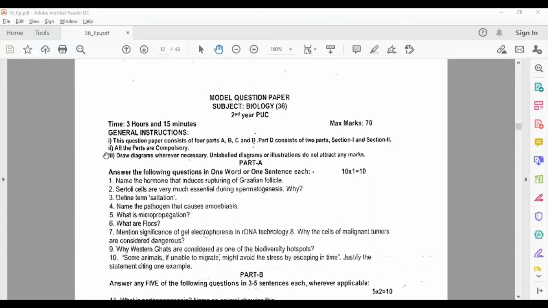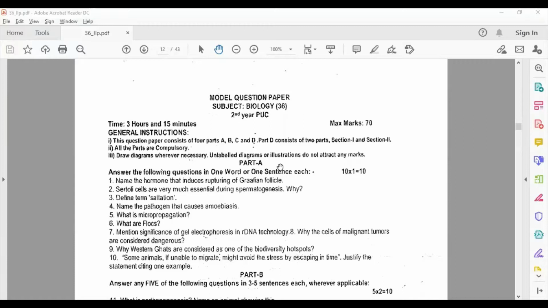Then, specifically for writing biology answers: draw diagrams wherever necessary. Unlabeled diagrams or illustrations do not attract any marks. This is very important to remember as a student who is going to attend the biology examinations.